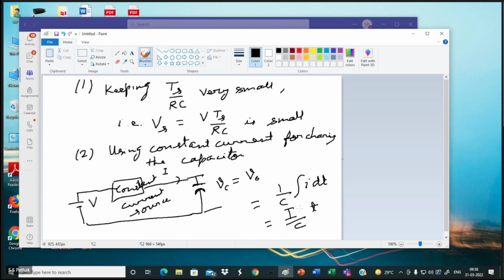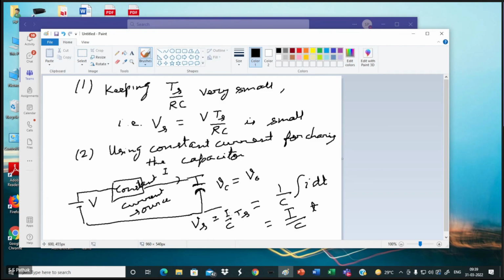So how much the constant current is for this applied voltage V coming from the circuit will control the sweep voltage. So here the sweep voltage Vs will be current I by C into Ts. So Vs will be I by C into Ts, that is the sweep amplitude.